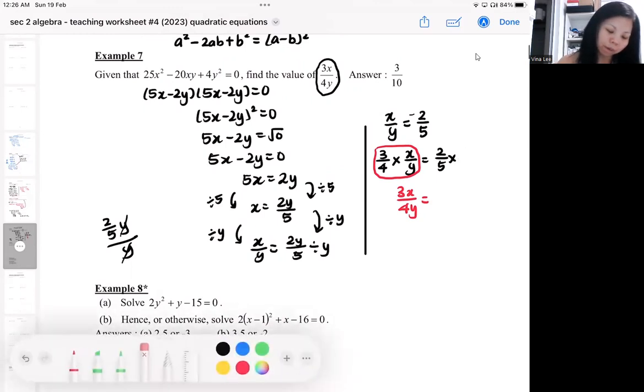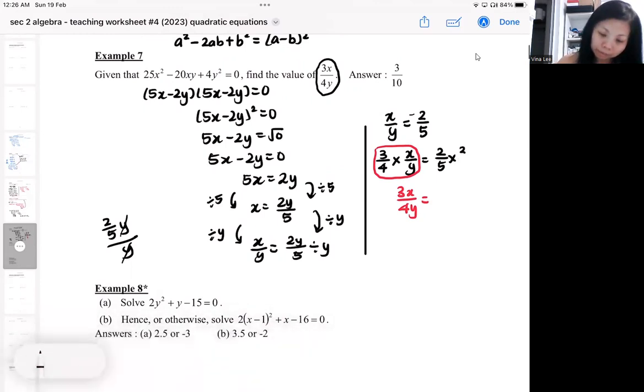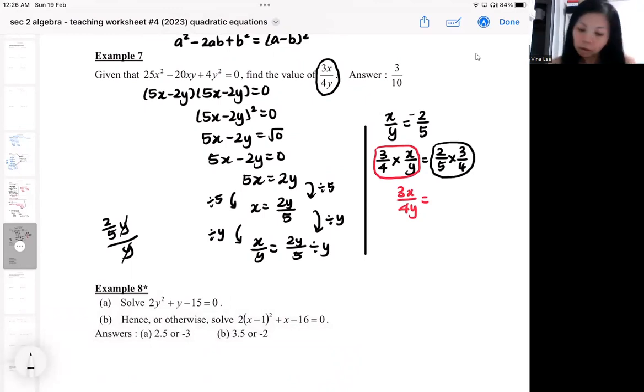I must multiply 3 over 4 on both sides. This will be 3x over 4y. So this part, just punch the calculator. Let me just double check: 2/5, 3 over 4. So that's the answer.